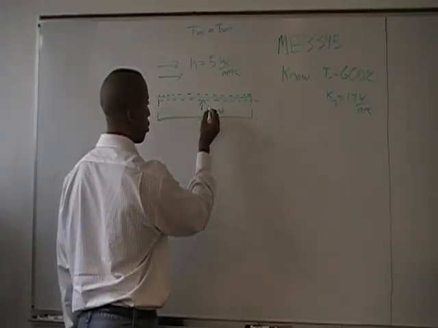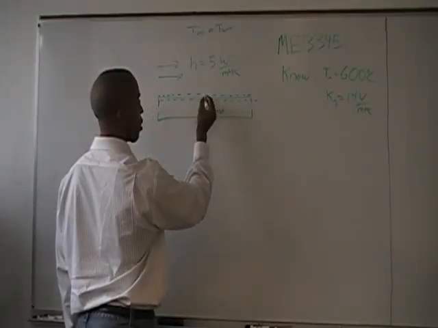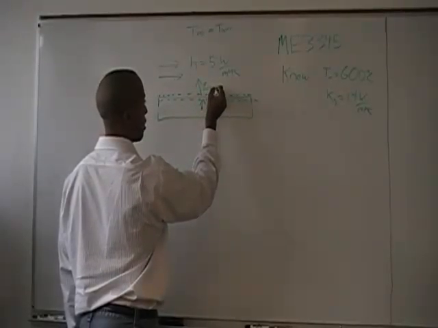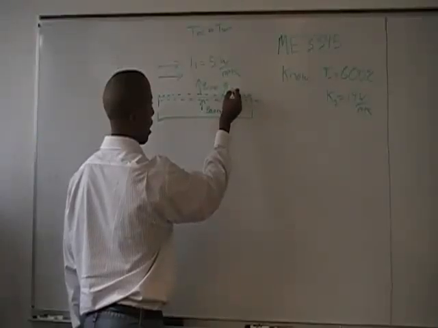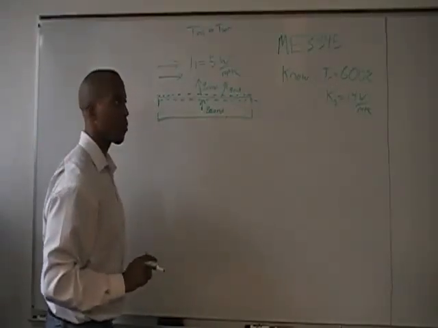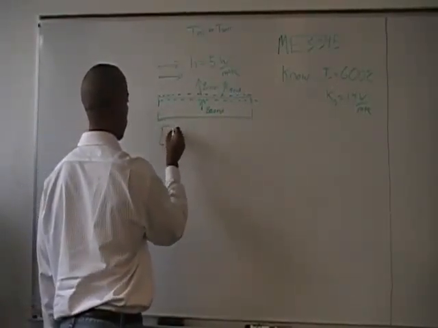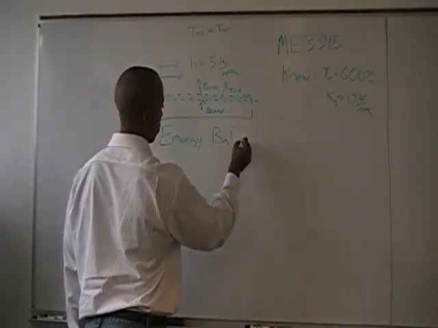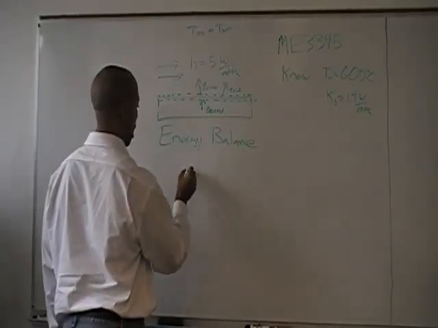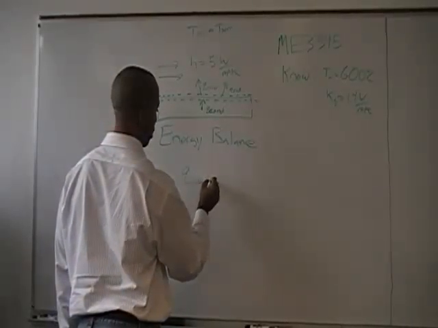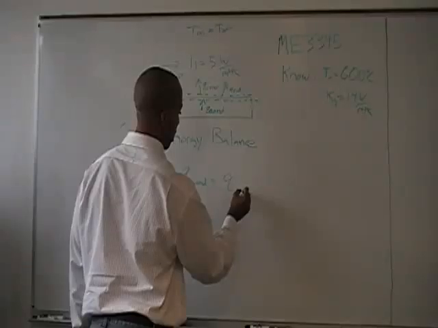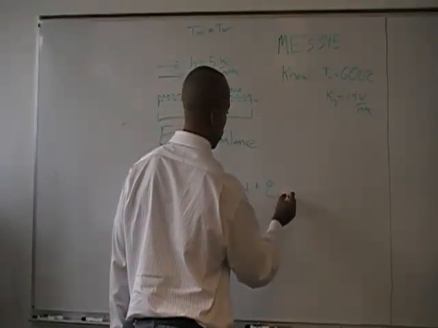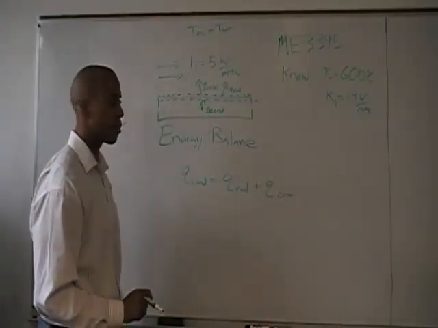So we have Q being conducted into the surface, and it's being carried away by convection and by radiation. All right, so if we do our energy balance, we're going to have Q conduction equals Q radiation plus Q convection. Right?